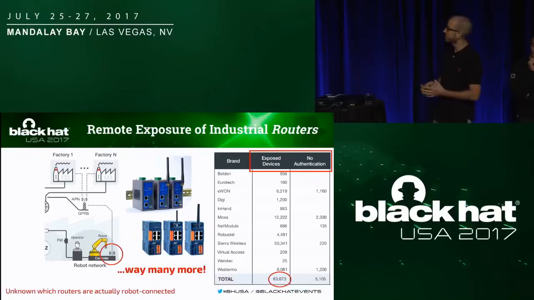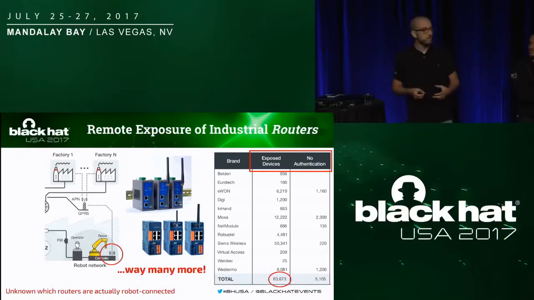We focused only on vendors that produce specifically industrial routers. The first thing that stands out from this slide is the amount of routers that you find. Clearly, not all of them are connected to robots, and there isn't an ethical way to verify which of these are, as opposed to generic industrial equipment, but it gives a picture. It's a superset, but it still includes the robots connected there.